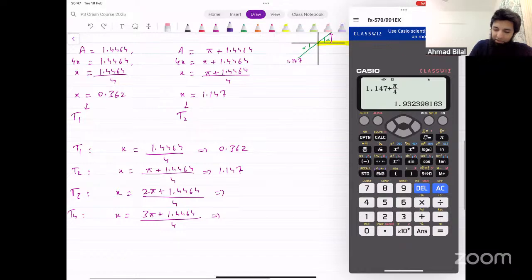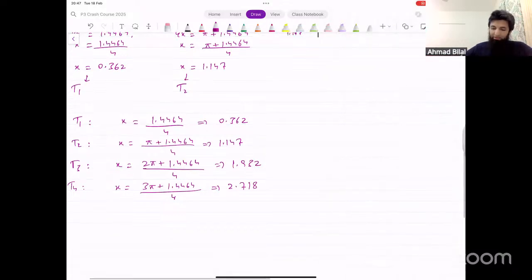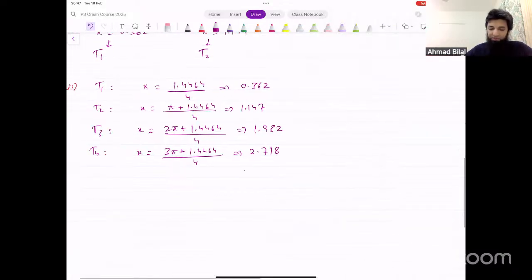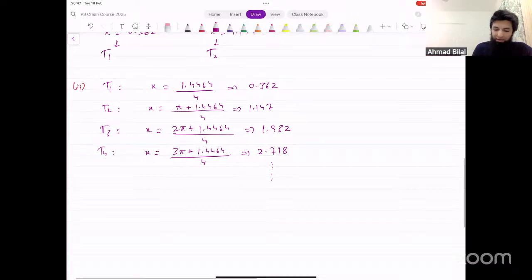The next value here is going to be 1.932 for you. And then the next one after that is going to be 2.718 for you. And this pattern continues like this until you have Tn somewhere.